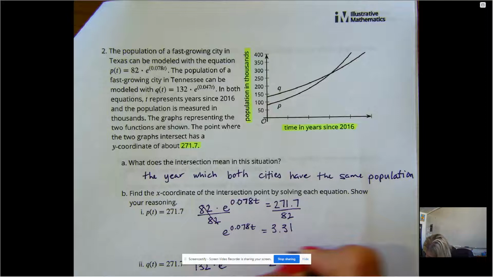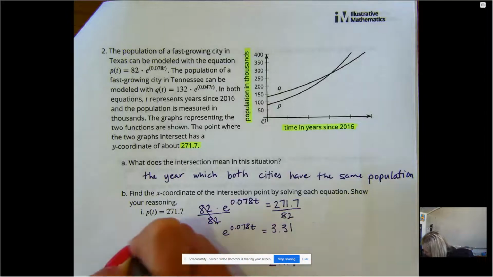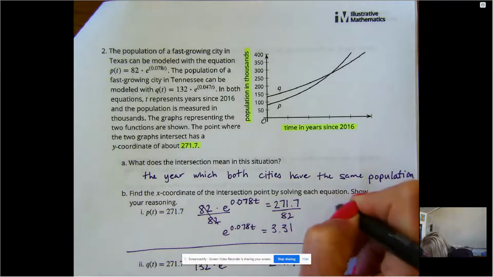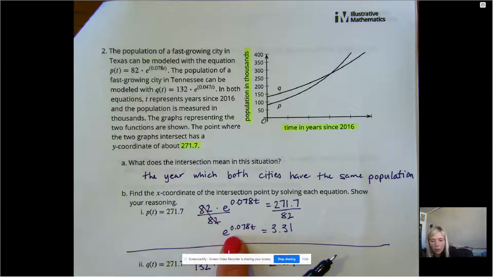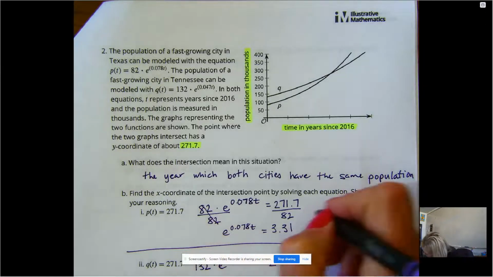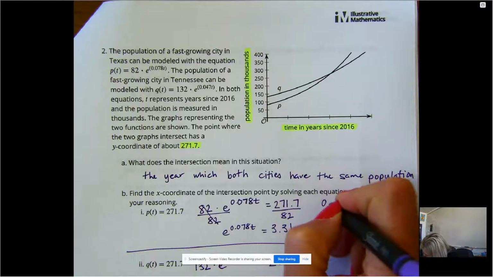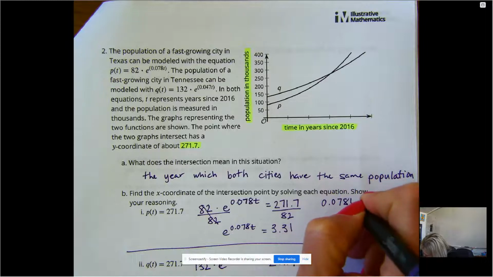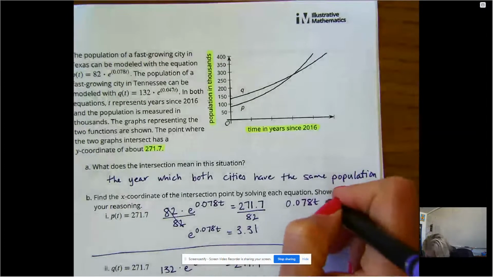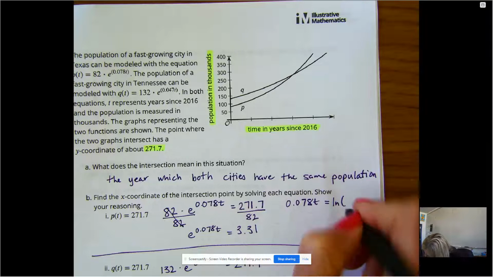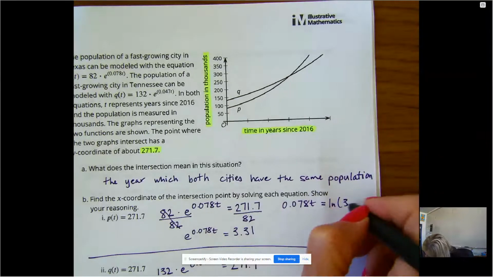And so what I know, I'm going to have to move my work up here. I'm going to switch this to logarithm form using natural log since the base is e. So I know 0.078t is equal to the natural log of the 3.31.